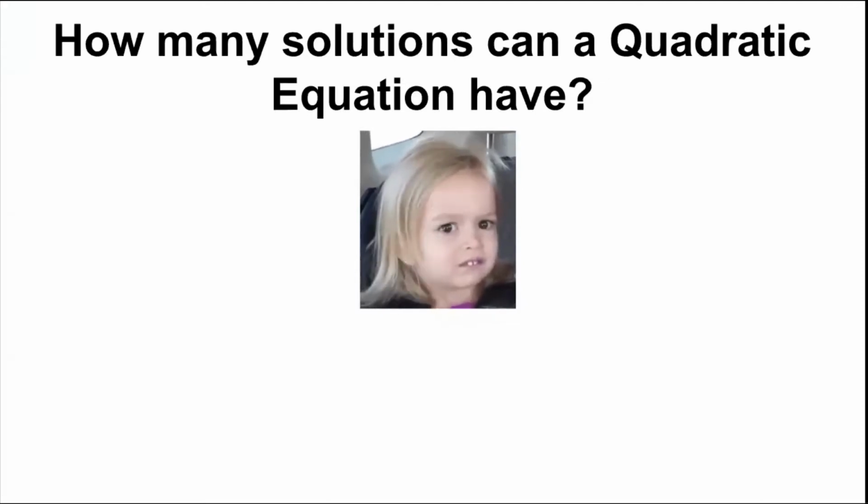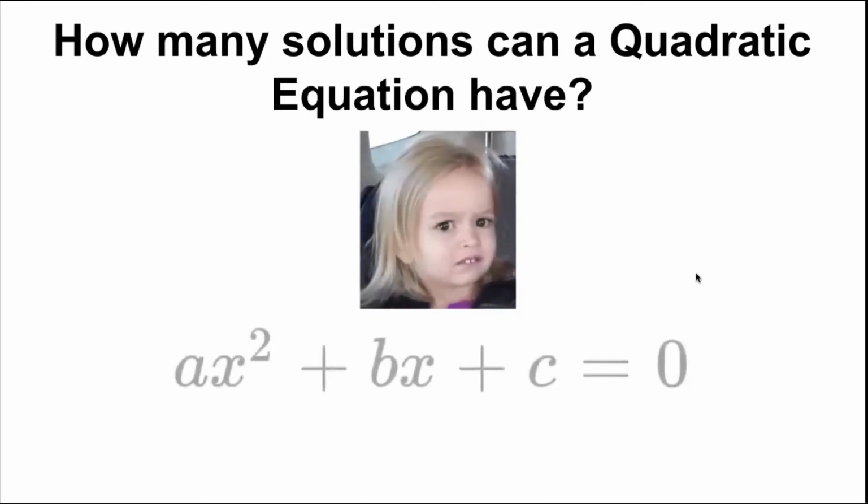It says, how many solutions can a quadratic equation have? Usually we've been seeing 2 solutions, but in case you didn't know, there are several other possibilities that a quadratic equation can have.